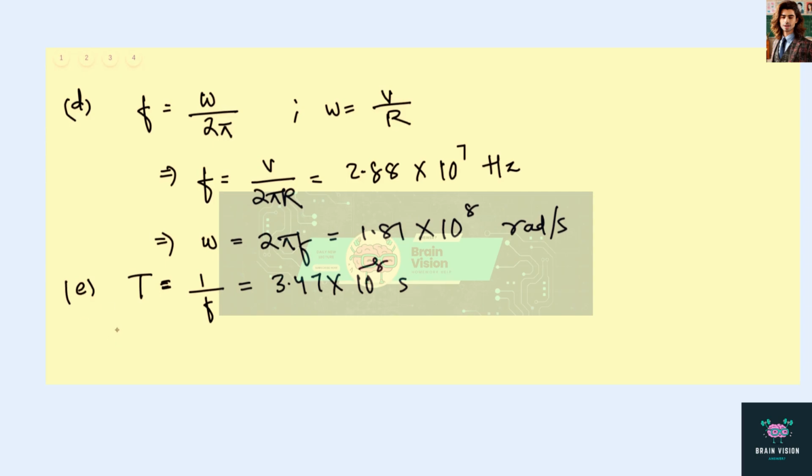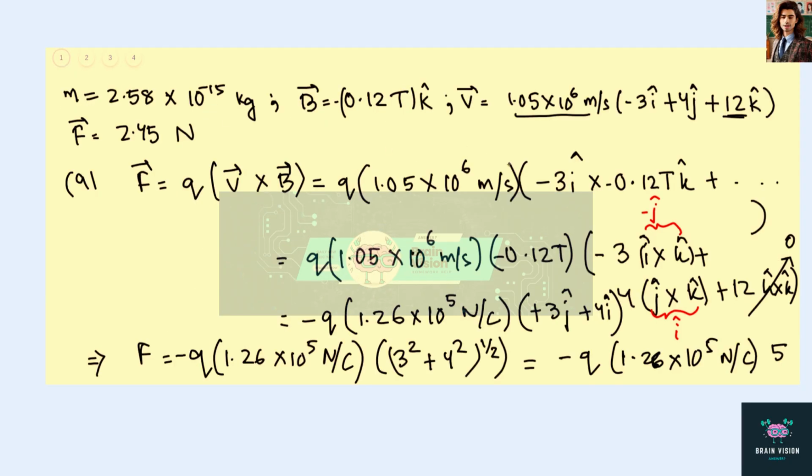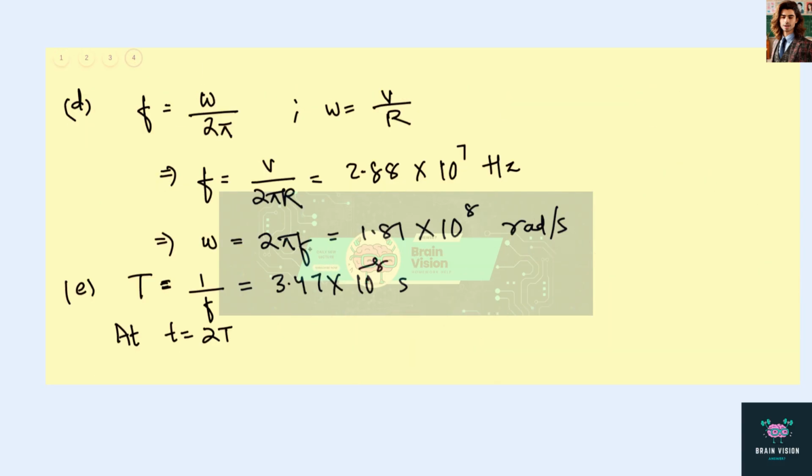So we are given that at time t equals twice the time period, the particle has returned to the same x and y coordinates, and the z component of the motion is motion with a constant velocity vz, which, as we said, is equal to this times this value. So let's use the kinematic equation over here.